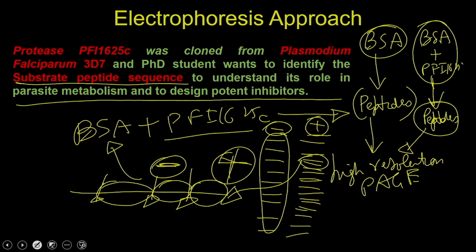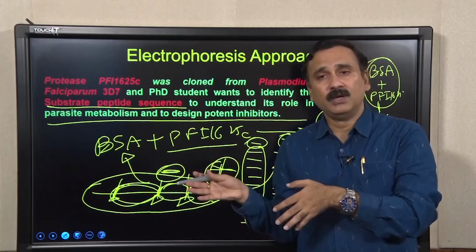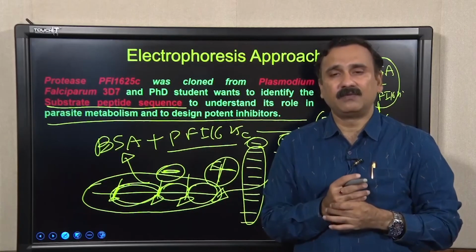Once you have the ends of this particular peptide, if you use protein sequencing or proteomics mass spectrometry approaches, you are going to get the sequence of this peptide. And you are going to get multiple peptide sequences, so you will be able to deduce where each peptide is coming from, because you already know the sequence of BSA.